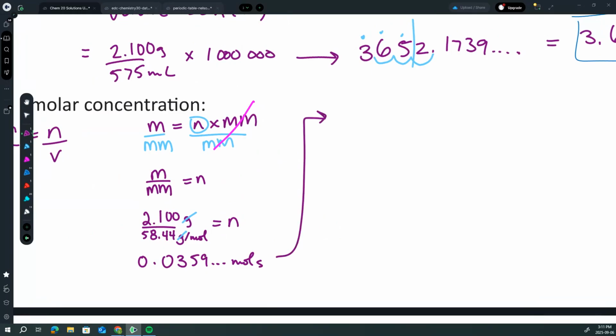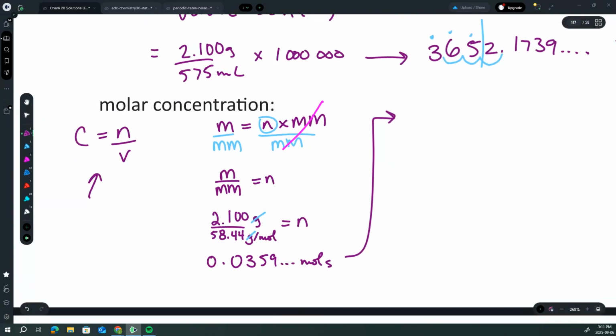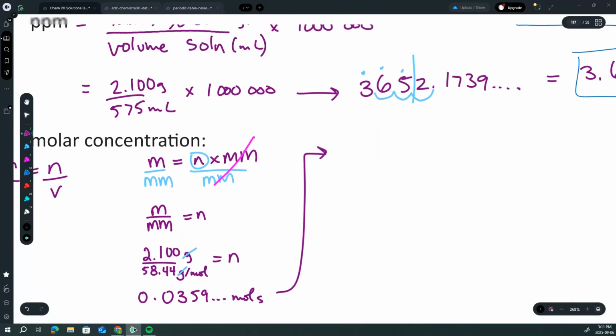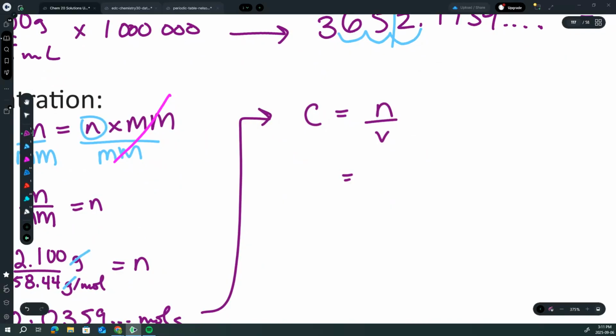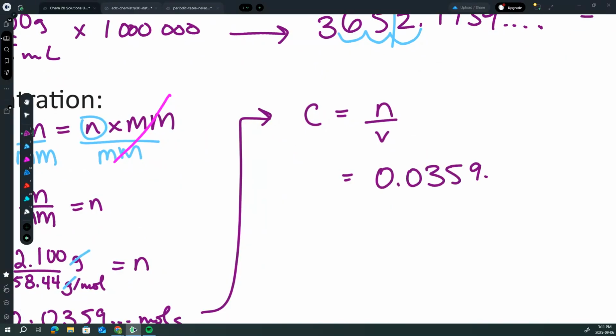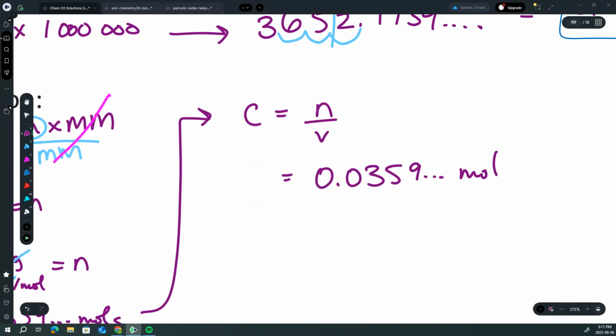Now that we have moles, we can use concentration equals moles divided by volume. So moles is that 0.0359 moles. I'm using the raw unrounded number for this.